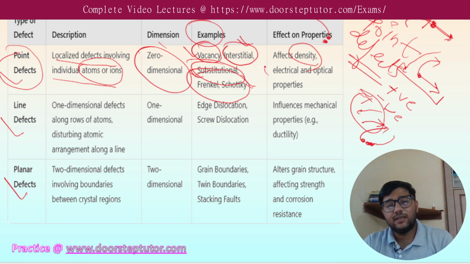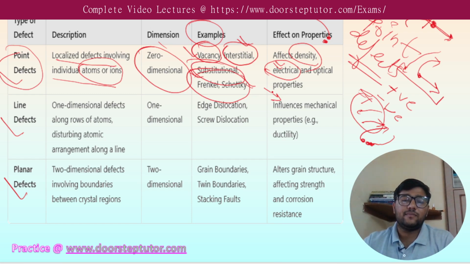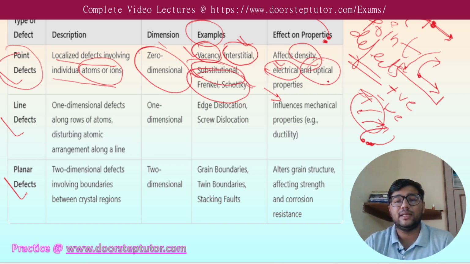It can affect the electrical property, which means the conductivity of electricity or movement of electrons in the crystal structure can also be affected by the point defect. And it can also affect the optical property, which means how it reacts when we apply any electromagnetic radiation, especially visible light. So this was the point defect.